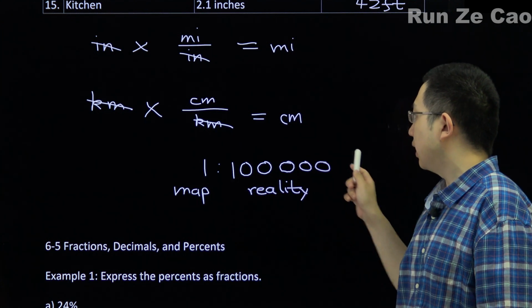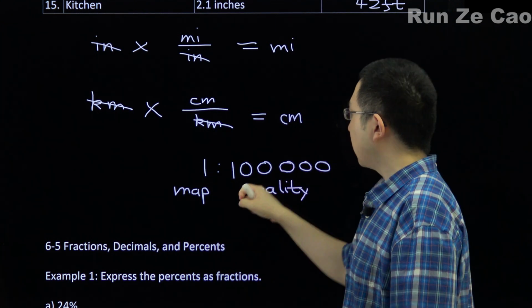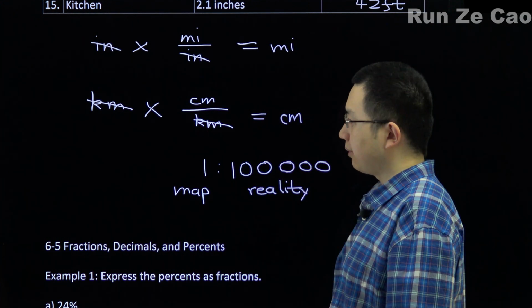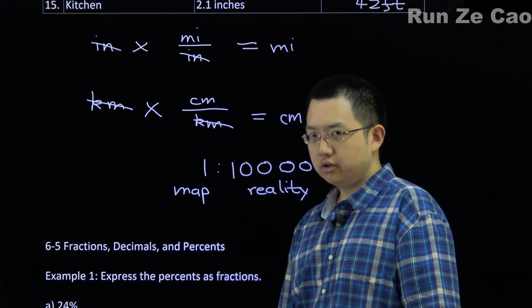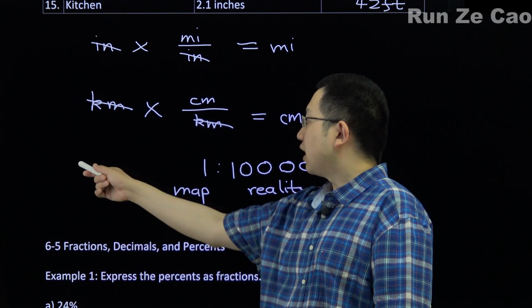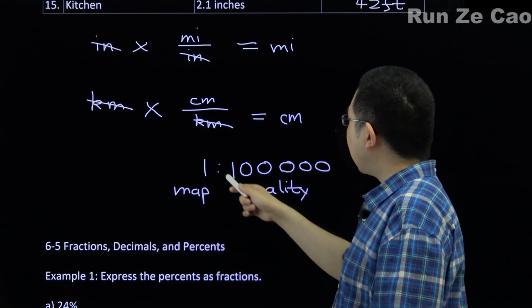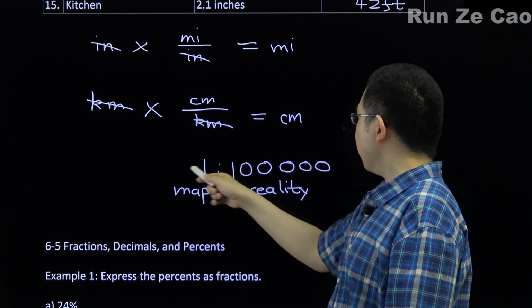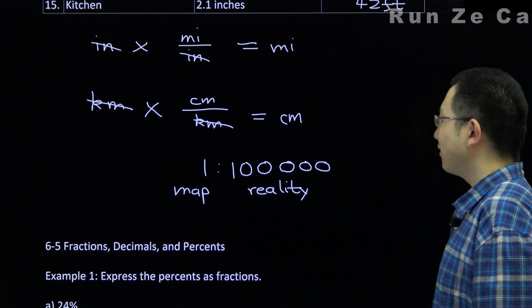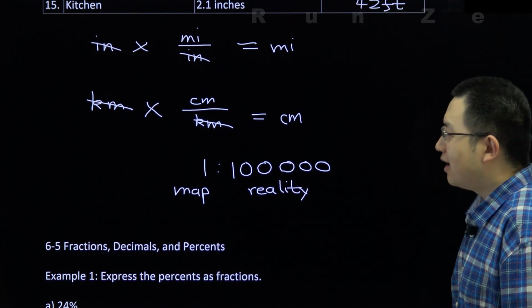Make sure that you put the appropriate unitless measurements on the top and bottom for your conversion. Because you don't want to go, oh, I got 2 centimeters on the map times 1 over 100,000 is equal to 2 over 100,000 centimeters in real life.